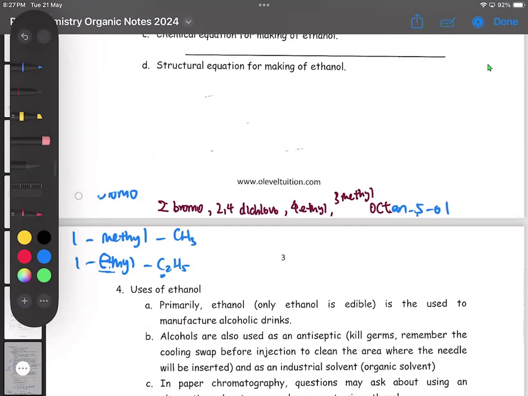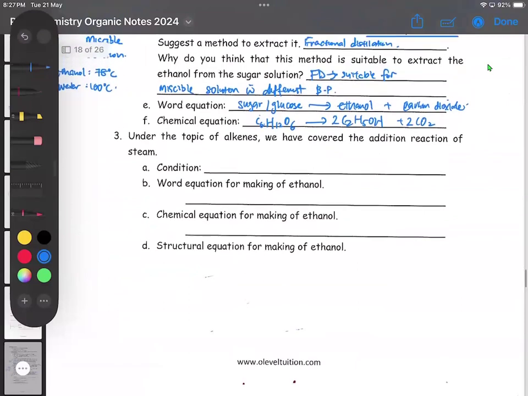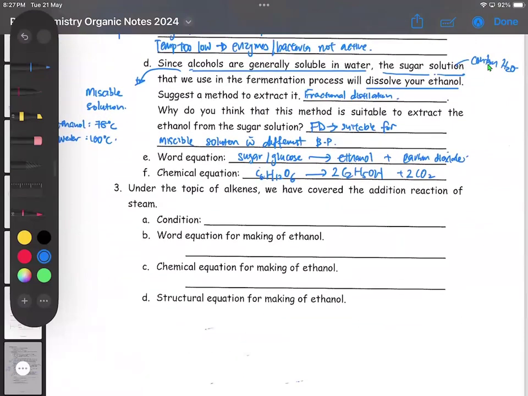Okay, for number 3, we have seen this before in addition of alkene. So let's do a quick one. Conditions, not in syllabus, but again also good to know: the temperature, 60 atm, with catalyst dilute H3PO4.